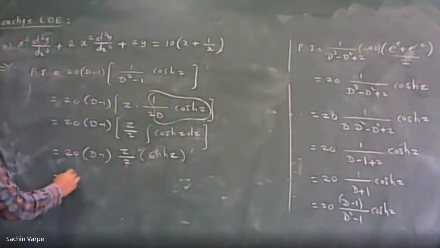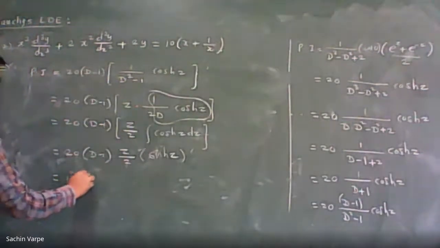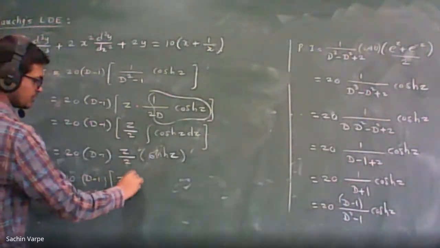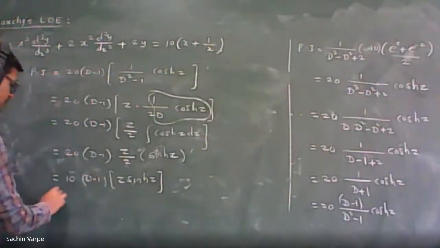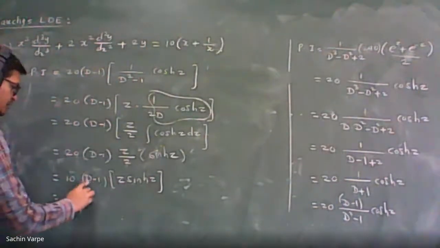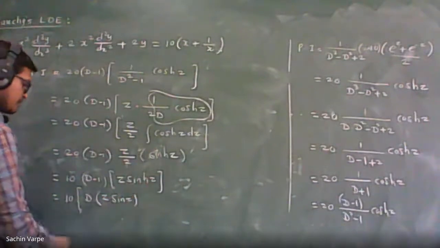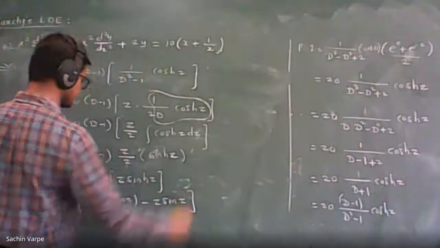So now 20 means this is 10. D minus 1 operated on z hyperbolic sine z. So operate this operator now. 10 into D of this, the derivative of z into hyperbolic sine z, minus z into hyperbolic sine z.